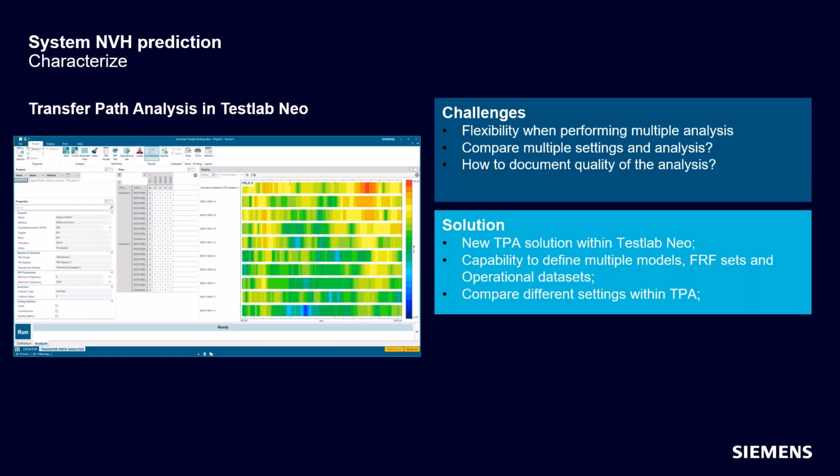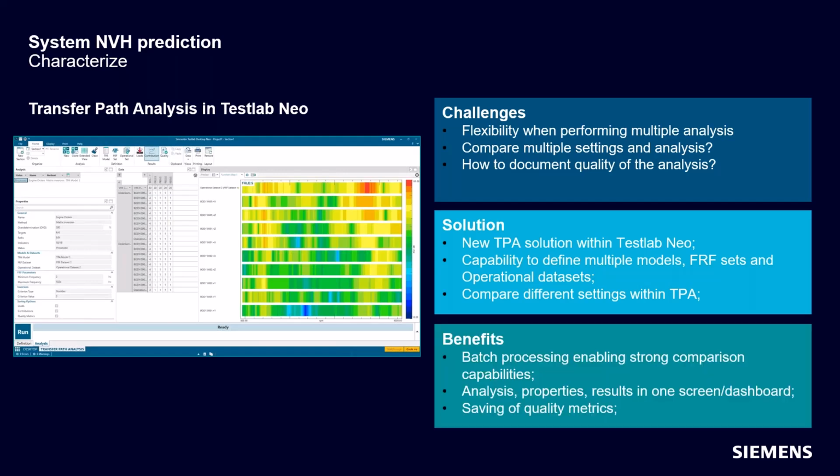And I'll show you that process in the software demo. We then can batch process a bunch of these different combinations, and they're all in one place, and so we can compare them more directly. This just makes it more convenient to compare different approaches, different settings, including different FRFs or different data. And we also save those quality metrics, so we have some record of how well our matrix was conditioned before we inverted it, that kind of thing.